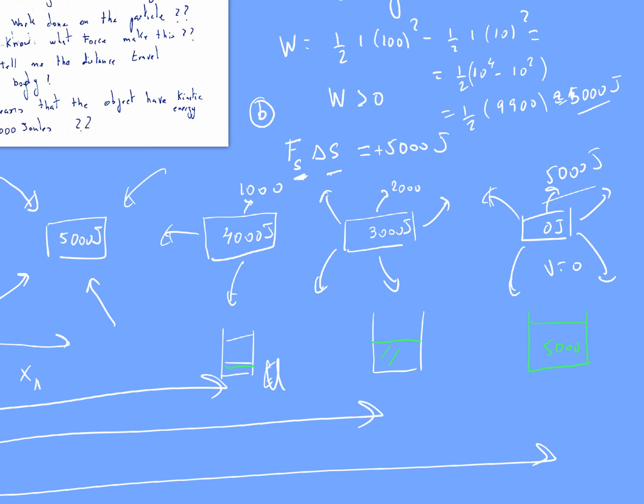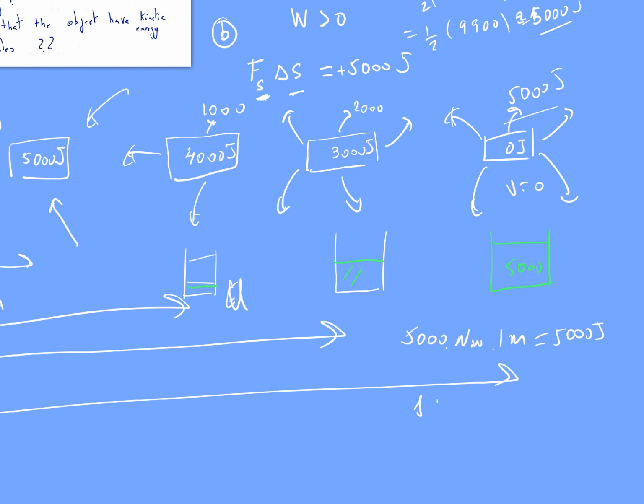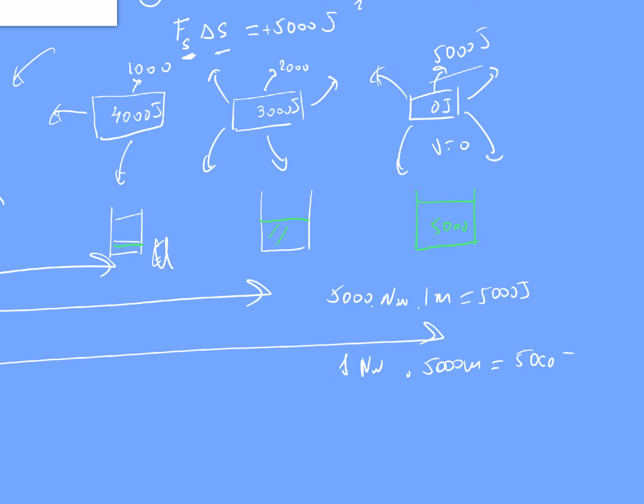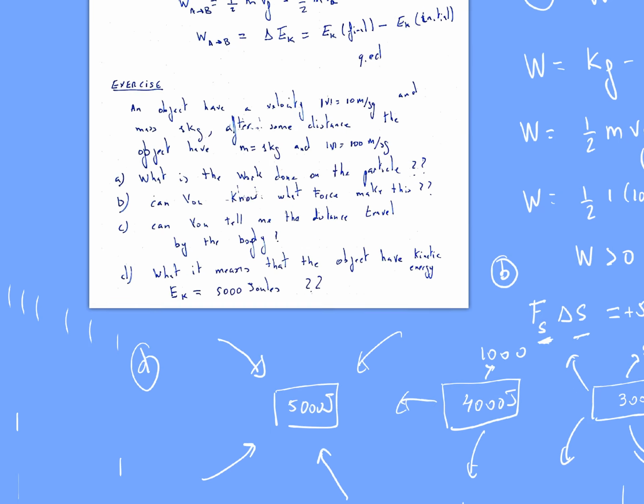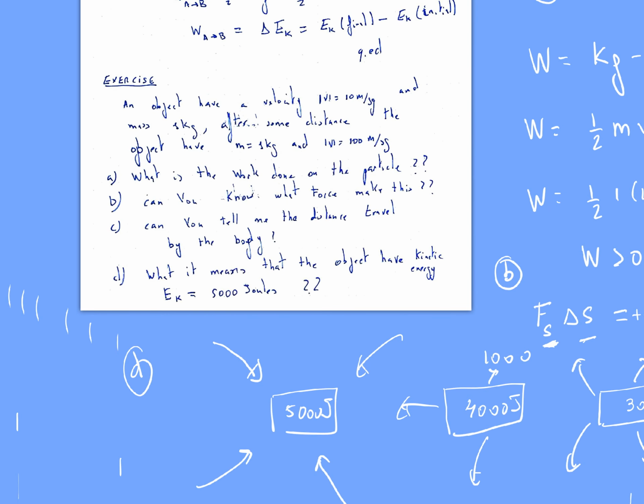Maybe a force of 5,000 newtons acting on a distance of 1 meter will do 5,000 joules. But also a force of 1 newton acting on a distance of 5,000 meters will also do 5,000 joules. So we don't know what the force is, but we know that the kinetic energy has changed, so the work is positive because it has changed in a positive way.